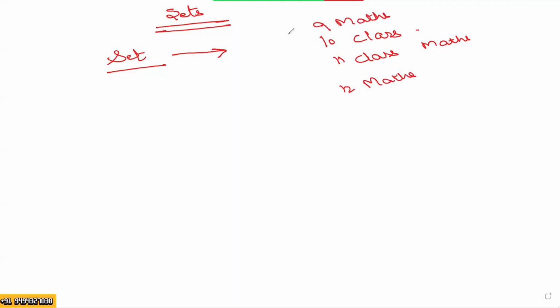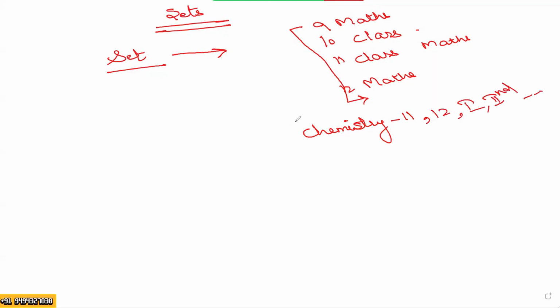So basically, you have made a set of maths books, right? Or suppose if you have chemistry books, chemistry 11th, then 12th, then first year, second year, and so on. So all chemistry books you have kept in your drawer. So this is the collection, or you can say this is a set.